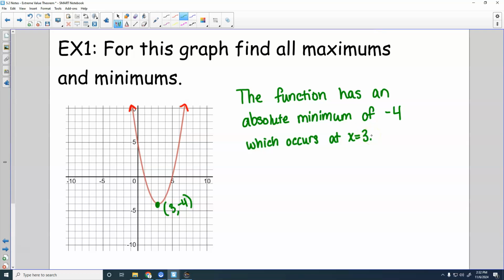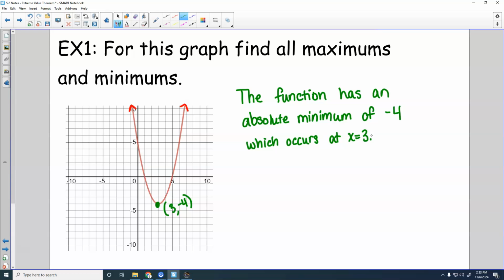So the way I wrote that is important because your y coordinate is your maximum or your minimum value. A lot of times they only ask for where it happens, like the x value where it occurs. So if we write it this way, the function has an absolute minimum of y value, which occurs at x value, then that will ensure that you have done it correctly.